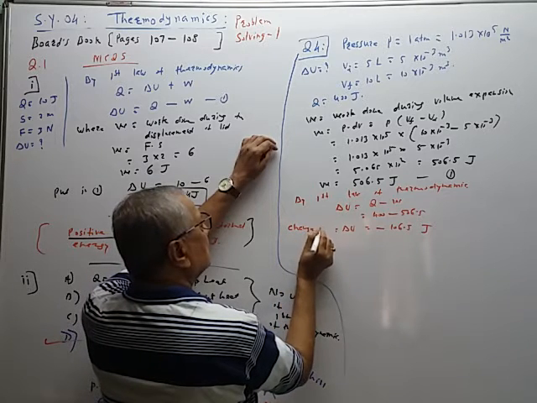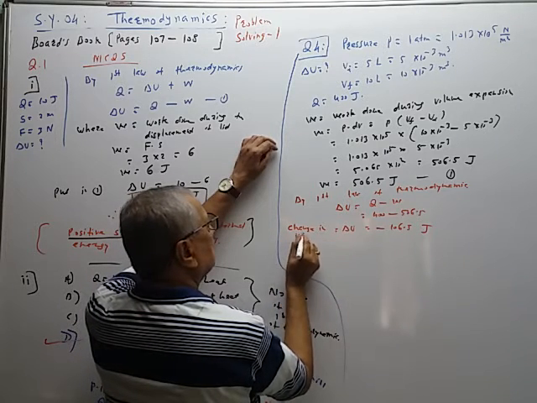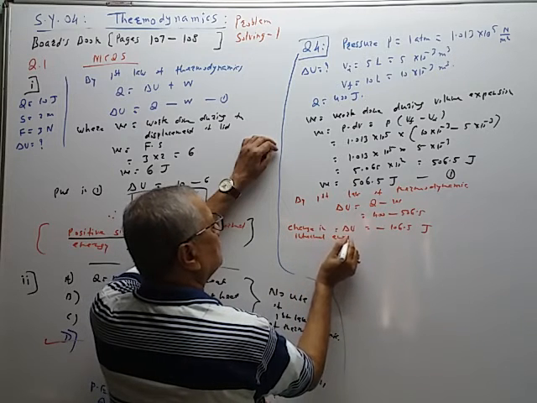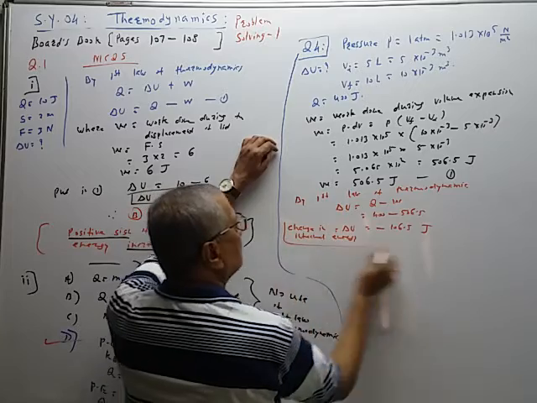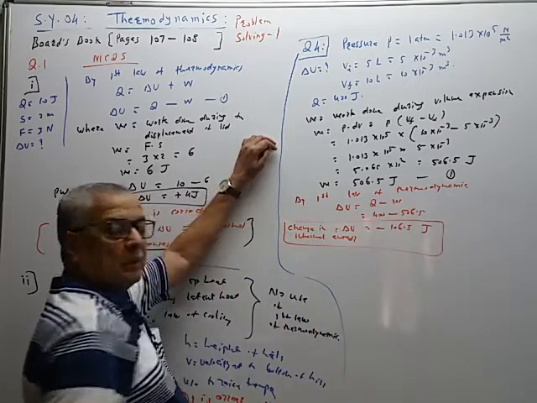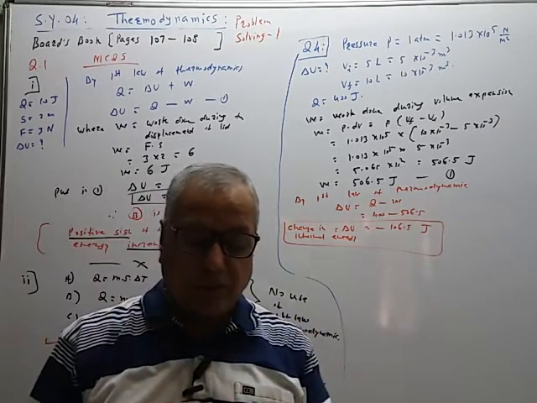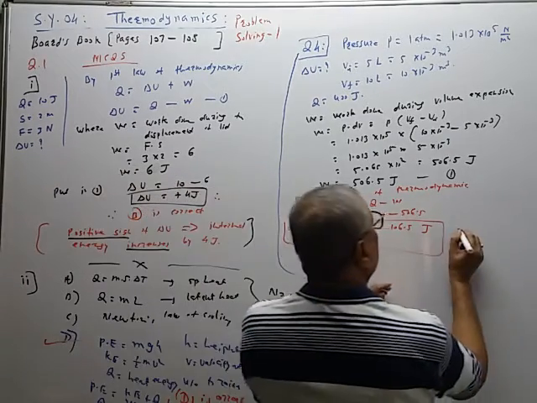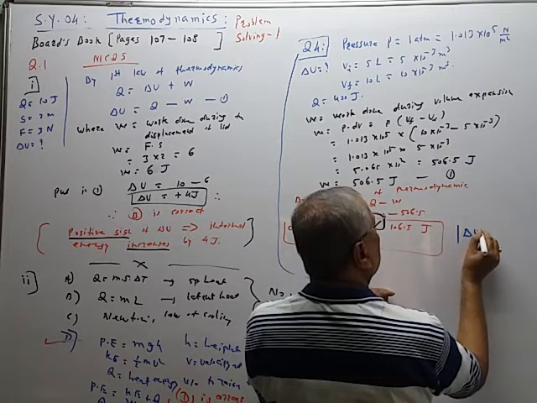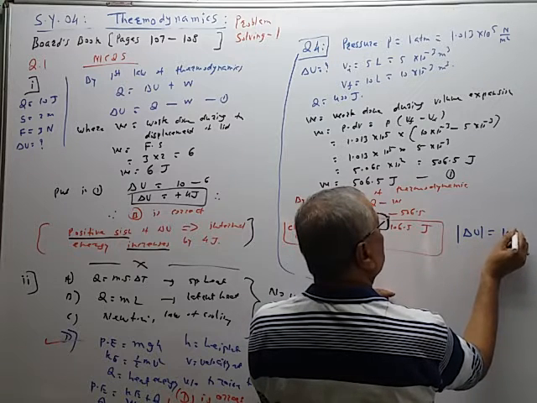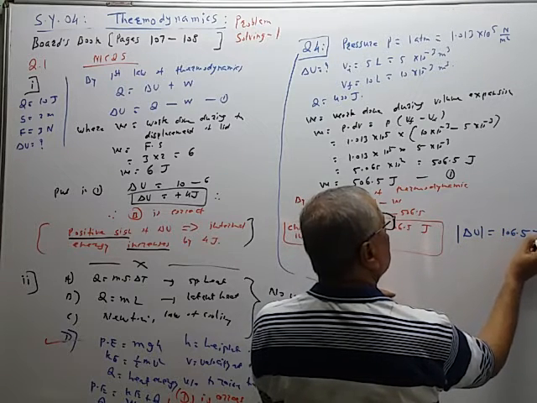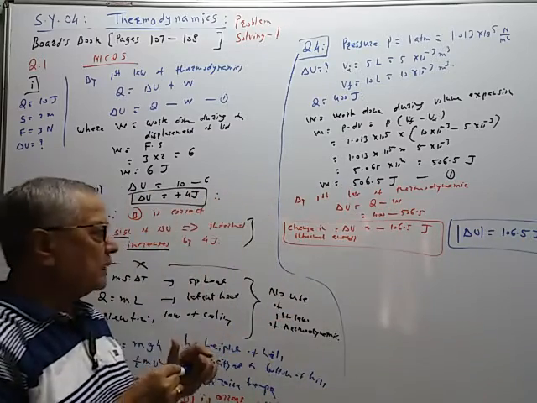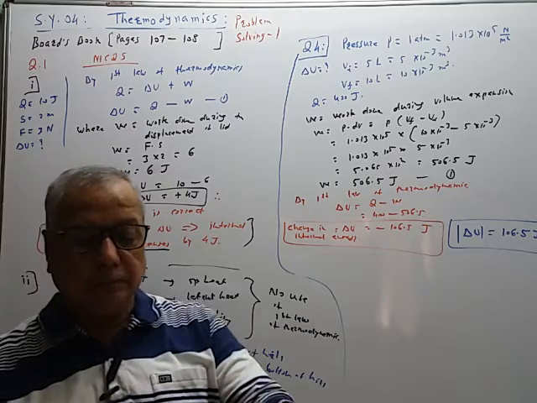आपल्याला changes विचारायचे. Change in internal energy. फक्त मॅग्नेट्यूड आपल्याला पाहिजे, तर मॅग्नेट्यूडसाठी आपण प्लस साइन करतो. सो मॉड ऑफ डेल्टा यू इज इक्वल टू 106.5 जूल. तर मायनस साइनचा मिनिंग आपल्याला माहिती पाहिजे.